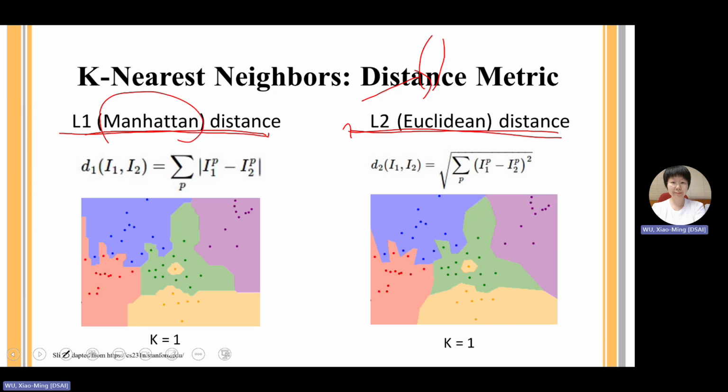It's quite simple. For L1 we just subtract the two vectors, take the absolute value, and aggregate the absolute values, and for L2 you should do this.